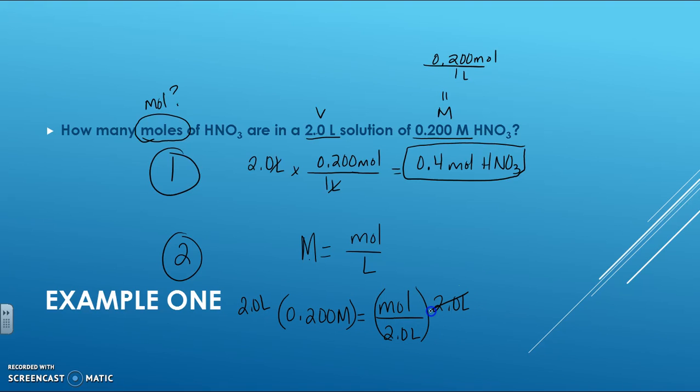This cancels here. Liters times molarity gives you moles, so moles would be equal to 0.4 — significant figures, Ms. Ruark — 0.40 moles of HNO3. And see how it gives you the same thing? So it's really not a big deal which way you do it, just as long as you pick one of them and you go with it.